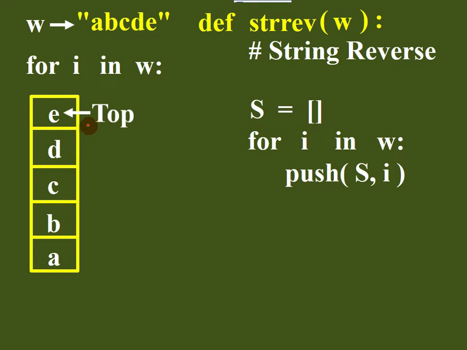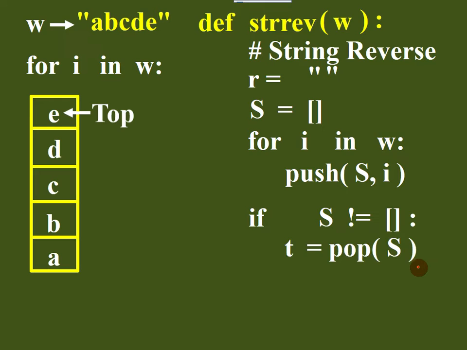Now what I need to do is pop each and every element from the stack and concatenate that with a string variable r, and initially r is an empty string. How can you pop each and every element from the stack? If the stack is not empty, you can pop an element. For that you can use the function that you have created. Certainly the list must be passed. The popped element is stored in variable t, and t should be concatenated with r.